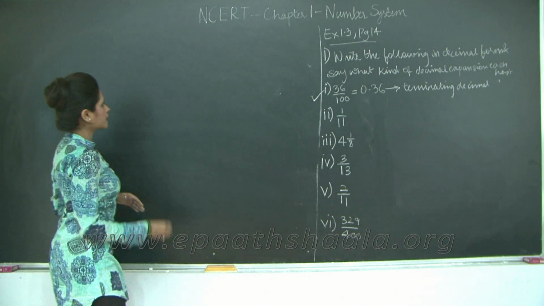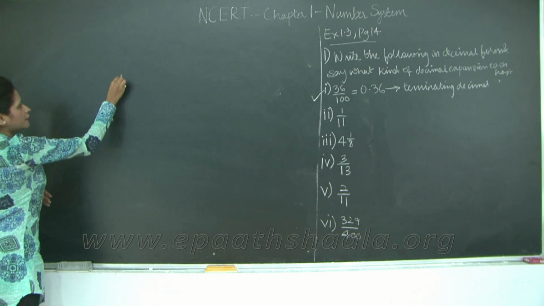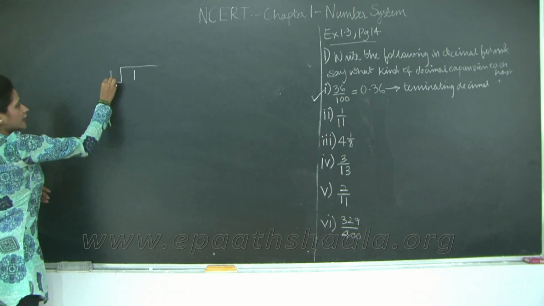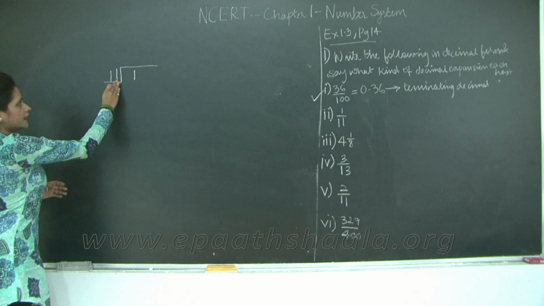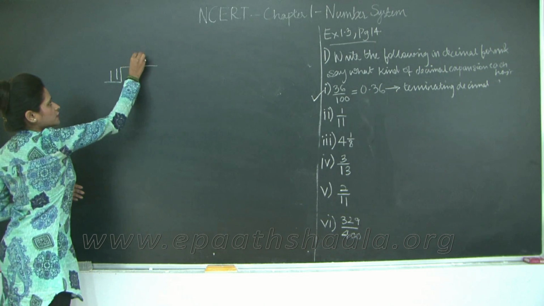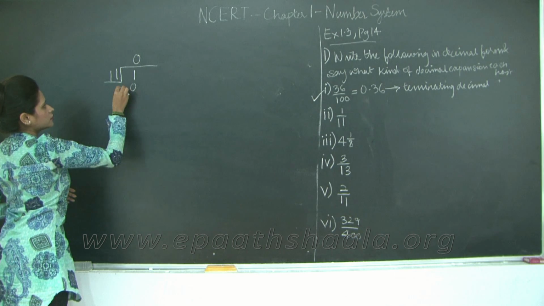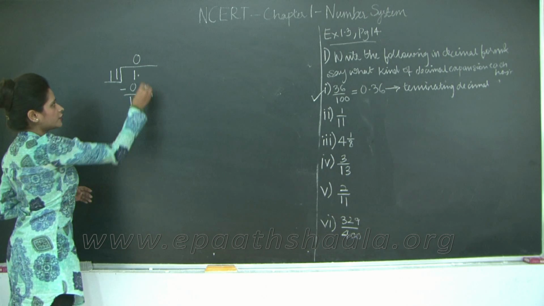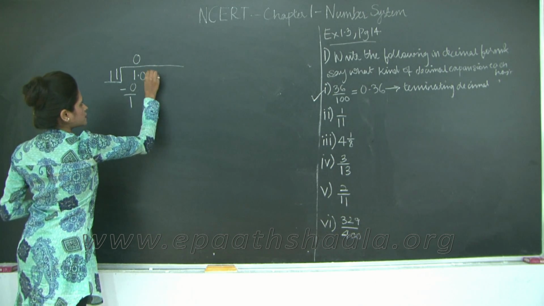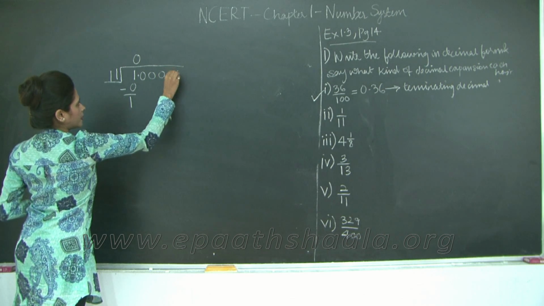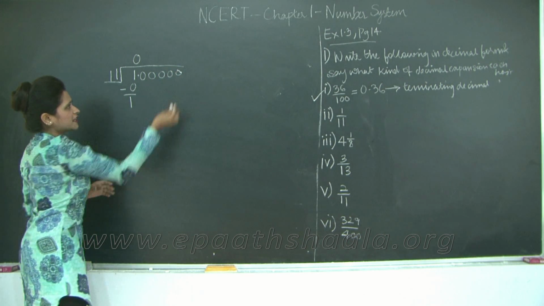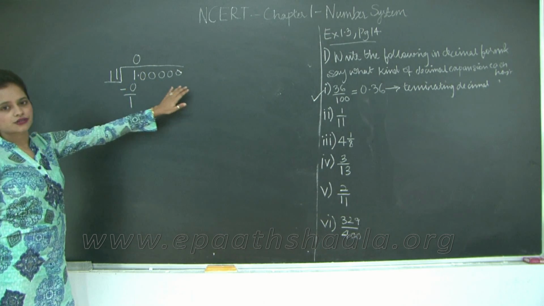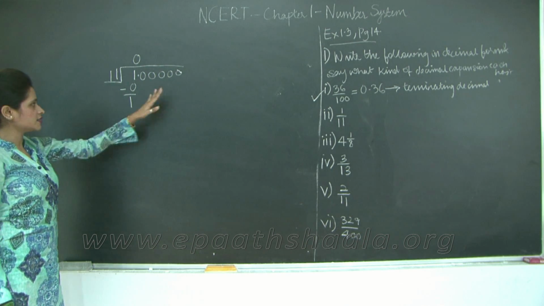Let's take a look at 1 upon 11. So 1 is my dividend and 11 is my divisor. Now 11 won't divide 1, so I put a 0 here and I get 1. I am going to put a decimal here and add a few zeros. I can add as many zeros as I want after the decimal. It means only 1, since 1.00000 until infinity is 1.